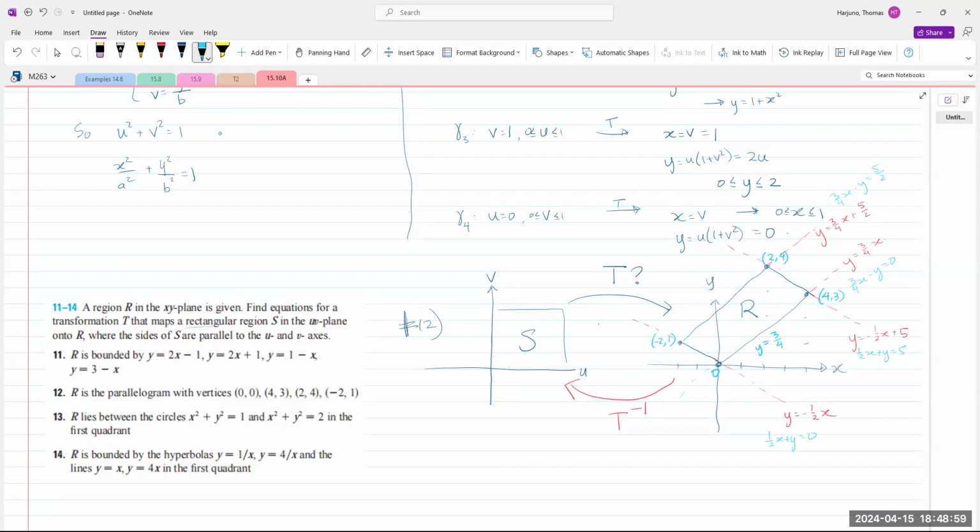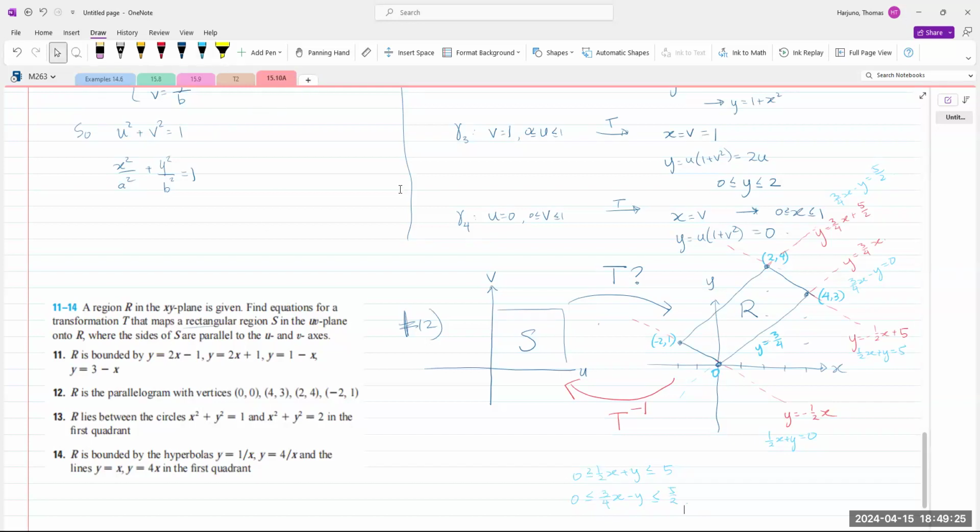Okay, so notice my 1/2 x plus y will be moving from 0 to 5. While my 3 over 4 x minus y will be moving from 0 to 5/2.